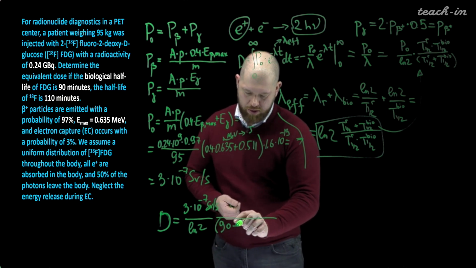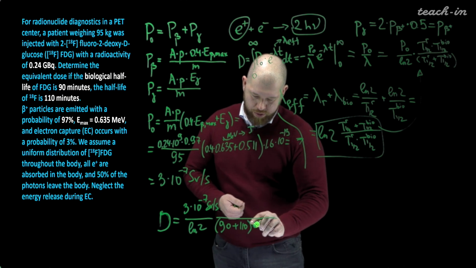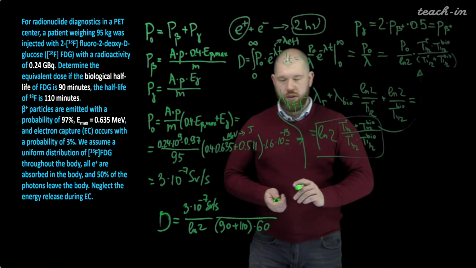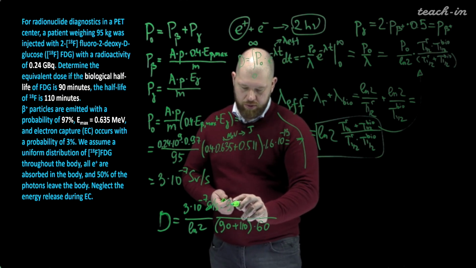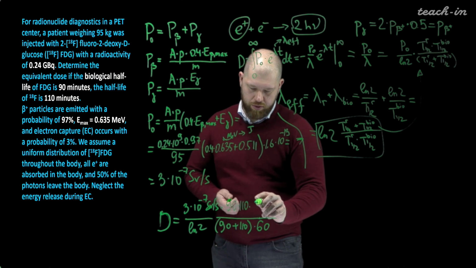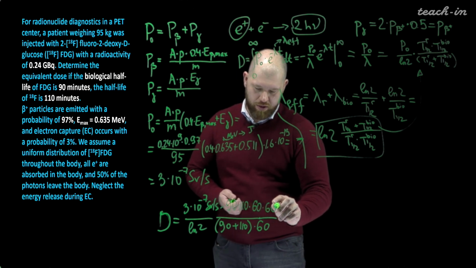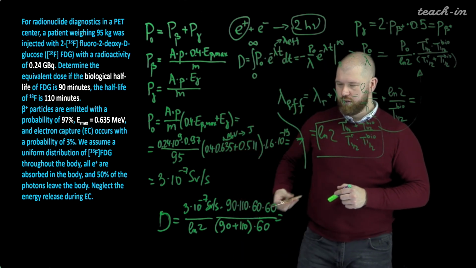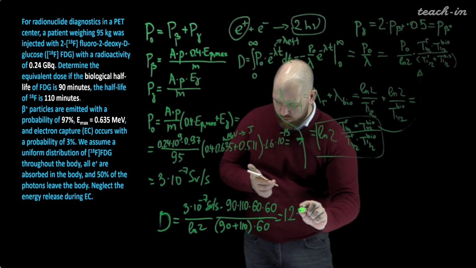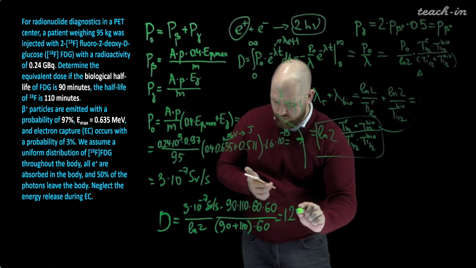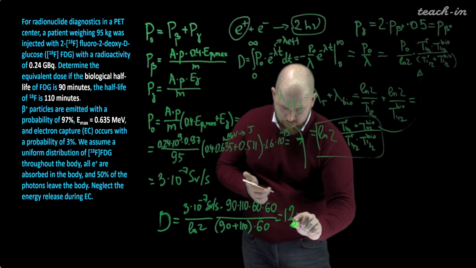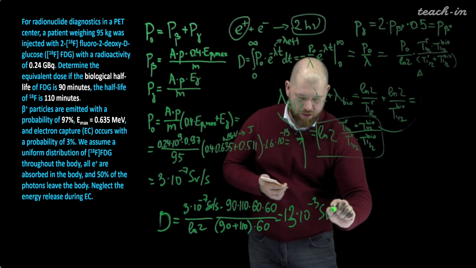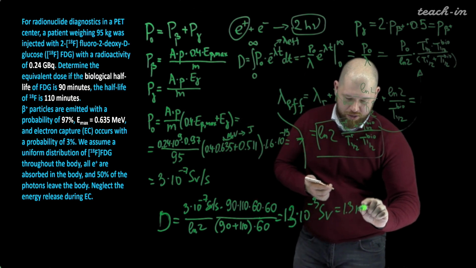So it's 90 minutes converted to seconds. So it's simply 60. And it will be the product of these numbers and also 2 times conversion from minutes to seconds. So let's calculate: 1.3 times 10 to minus 3 sievert, or 1.3 millisievert.